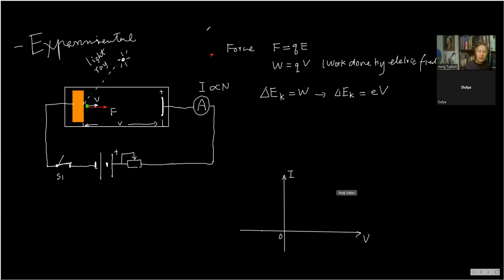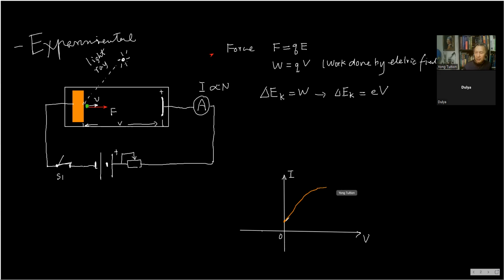Without applied voltage, we only collect a fraction of the electrons, because electrons come out randomly in every direction. With voltage equal to zero, the current is relatively low. If you increase the voltage, the current will increase.